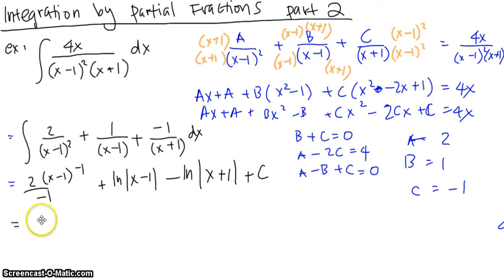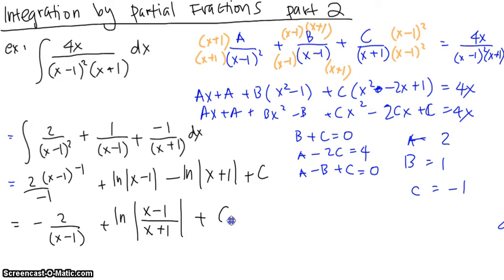Just to simplify one more step, I get negative 2 over x minus 1 plus natural log of, this is kind of a good time to go over it, if I have the difference of two natural logs, I can combine that into x minus 1 all over x plus 1, plus c.